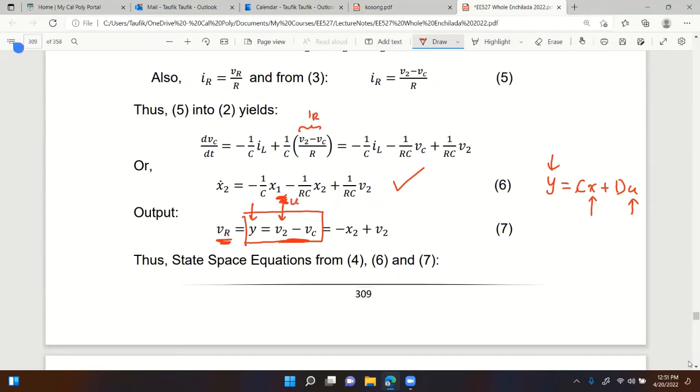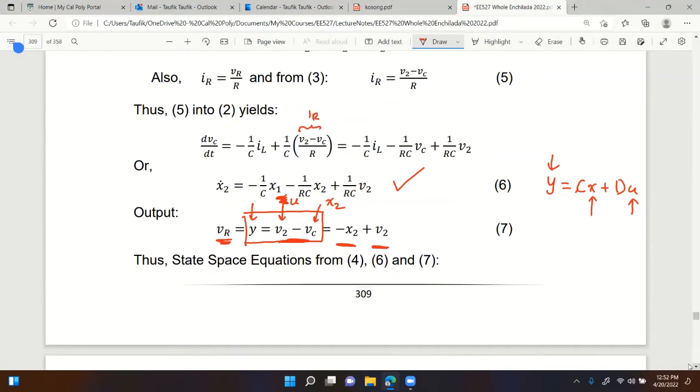And then I have vc, which is our x. I forgot which x that is. That would be x2. So that's good, because on the right-hand side, I have x and u. Therefore, you don't have to do anything else for the output equation. We already got the equation from before, and that's going to be minus x2 plus b2. All right.